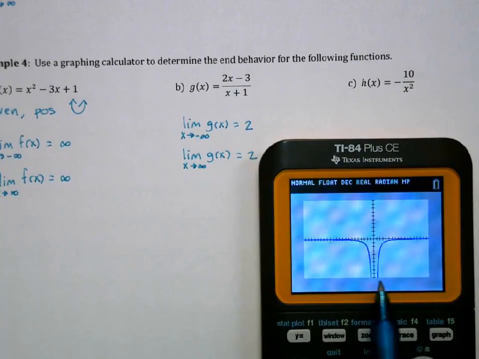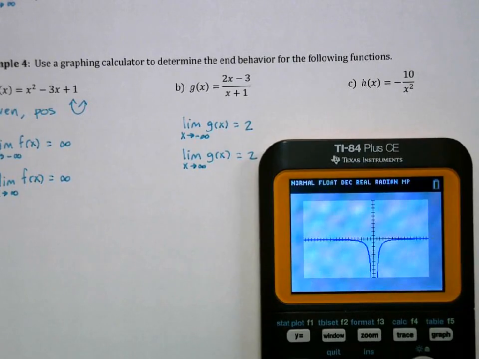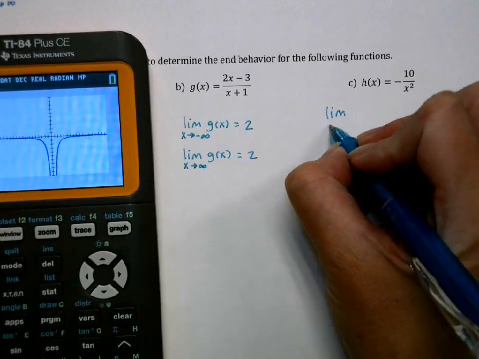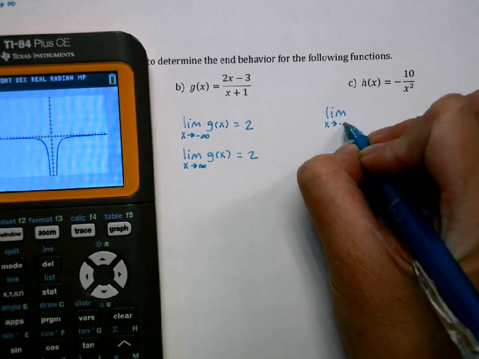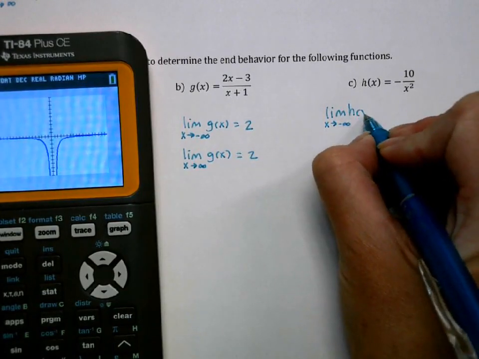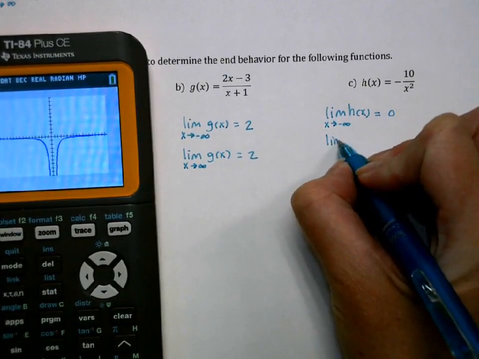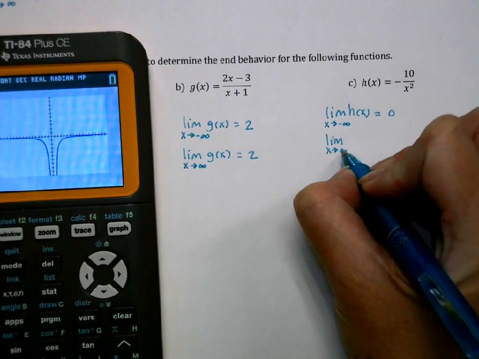It's not going to keep going up or down like we saw in some of the other ones. This has a limit. So the limit as x goes to negative infinity of h of x this time is going to be 0. And my limit as x goes to positive infinity on this one is 0.